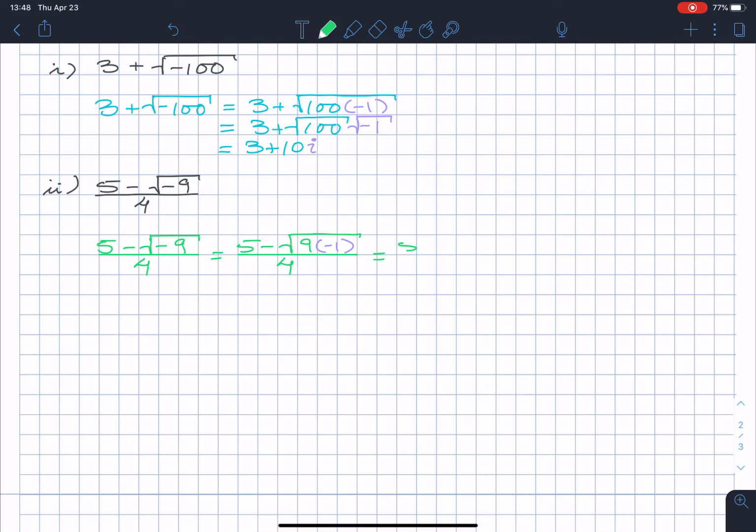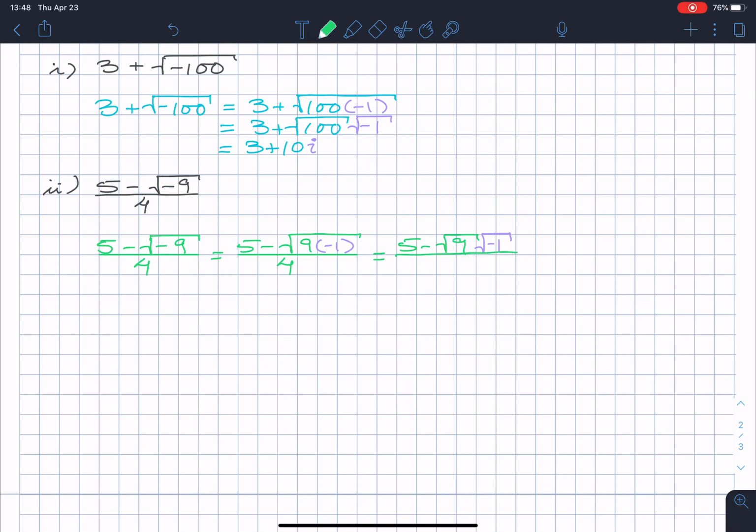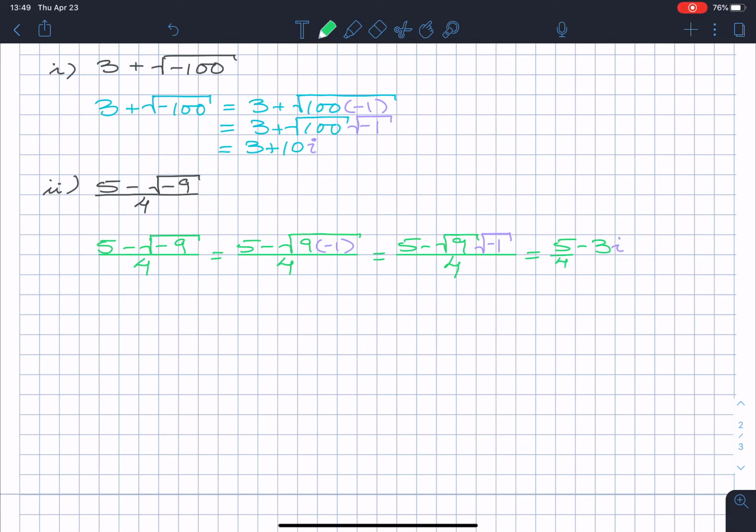So that'll be 5 minus the square root of 9 times the square root of -1, all over 4, which will be 5 minus 3 times I, all over 4. And if I want this in standard form, the 4, that's the common denominator to both, has to be separated into 2 distinct terms. Okay, so there we are.